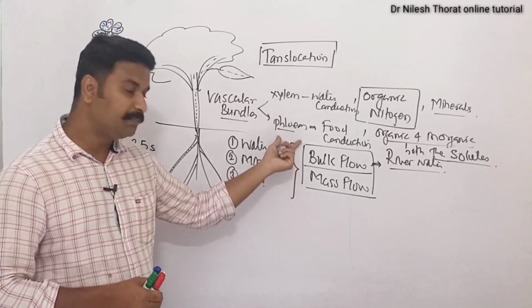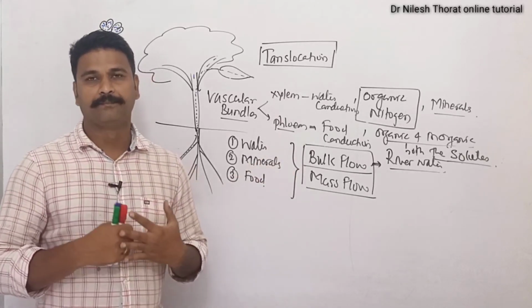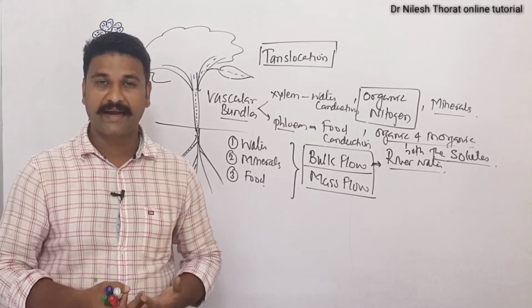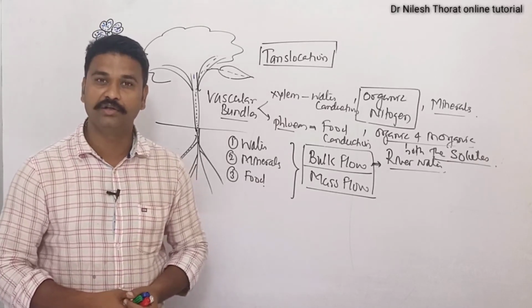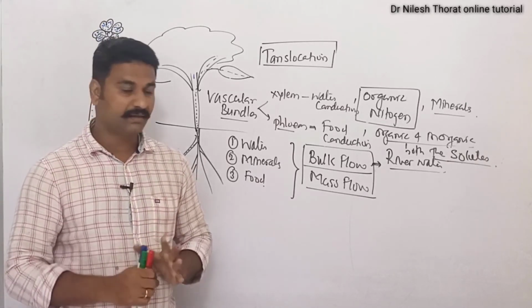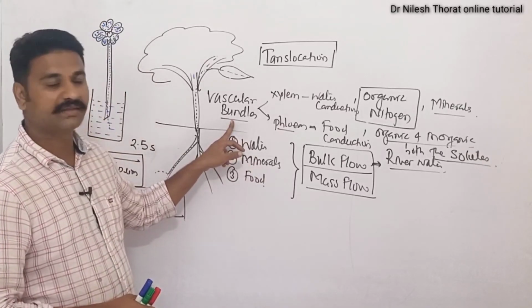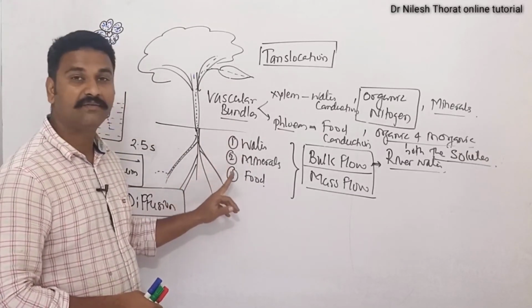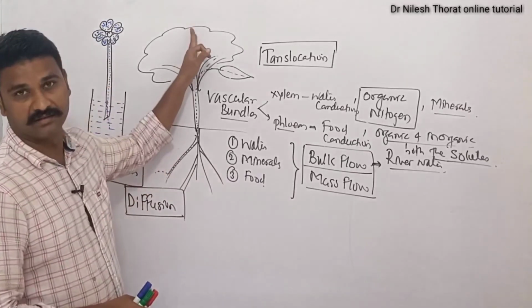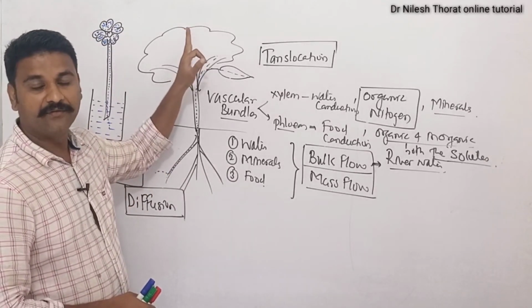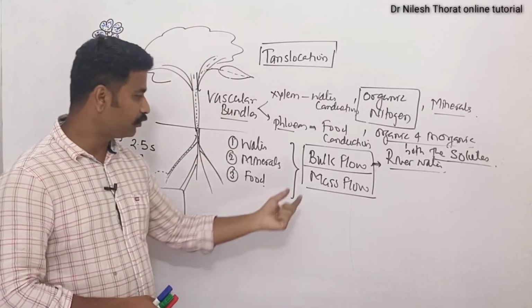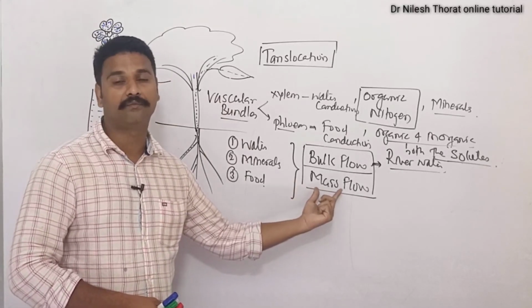So the phloem is responsible for multi-directional transport and xylem for unidirectional transport, but they transport substances, water, minerals and food, over long distances. Clear? And for this long distance transport they require bulk flow.